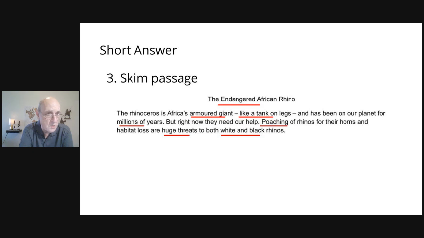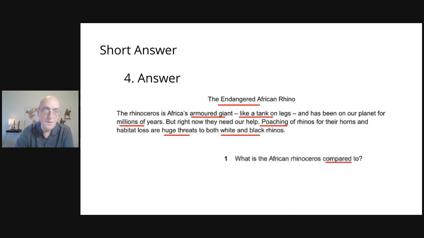And we know that we're looking for different types of rhinos. So we see white and black rhinos. So we have African rhinos, we have black and white rhinos, we have different types. And we know that this is the kind of information that we're looking for, having looked at the questions first.